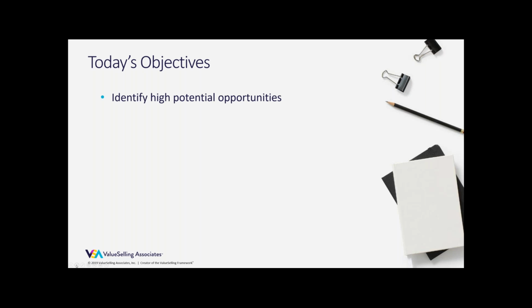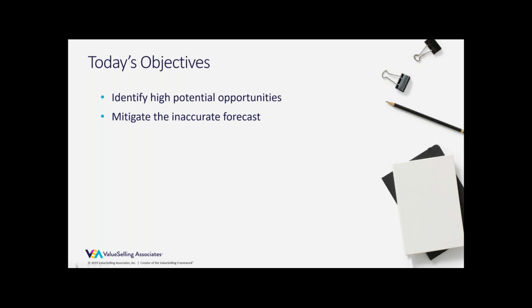So here's what we're going to talk about. We're going to talk about specifically, how do we even start to identify some of these high potential opportunities? I talked to some sales reps, and they identify high potential opportunities by identifying a large company that they're not doing business with, which is the beginning of identifying who you want to prospect to, but it's certainly not the end of that process.